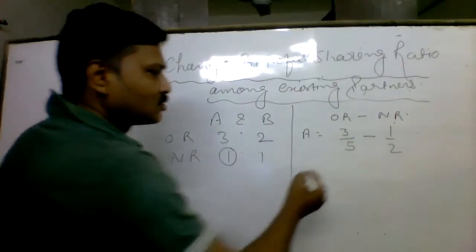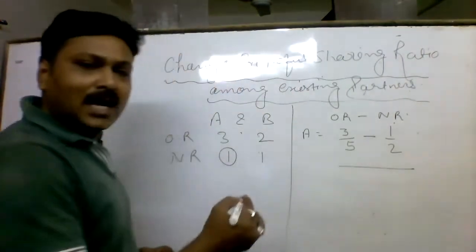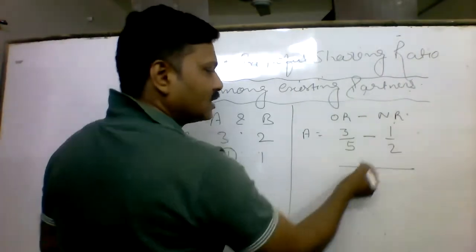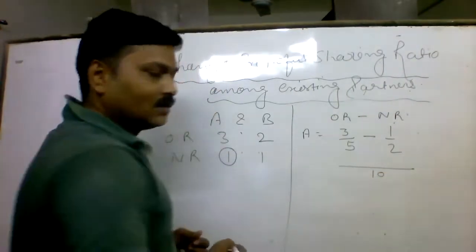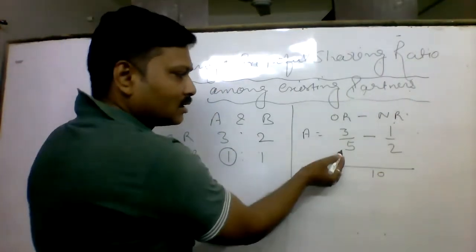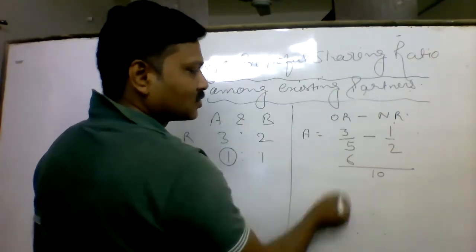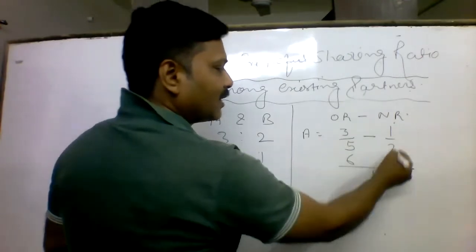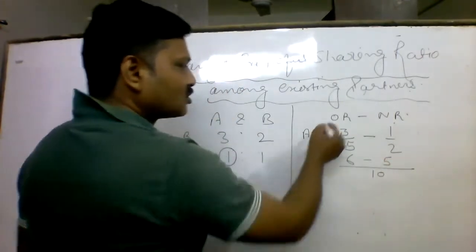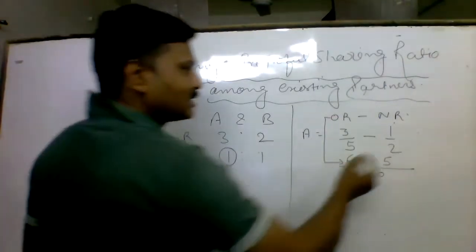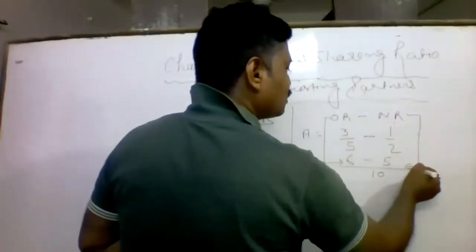Let's see. Here we will get the LCM of 5 and 2. You must know that the LCM of 5 and 2 is 10, right? So now we will solve this. 5 2s are 10, and 2 3s are 6; 2 5s are 10, and 5 1s are 5. Now we can see that the old ratio is 6 and the new ratio is 5.